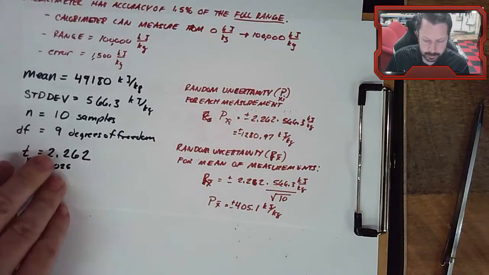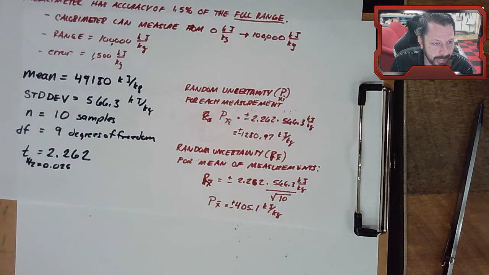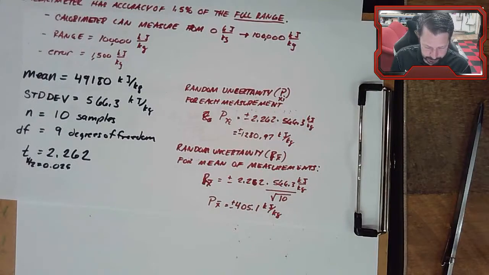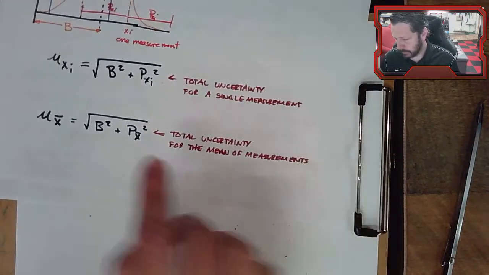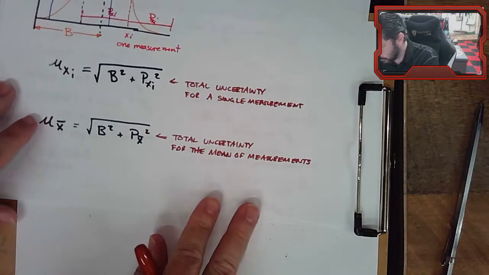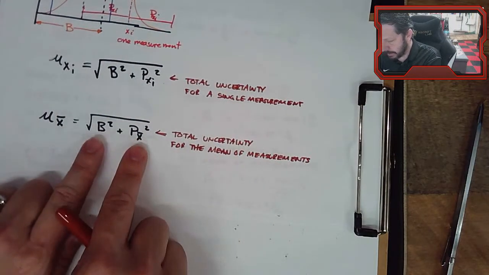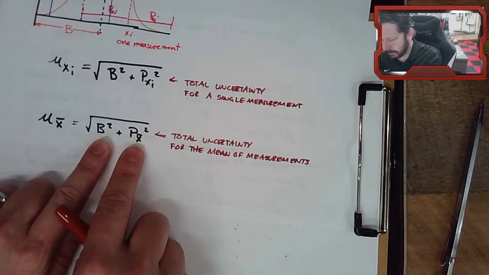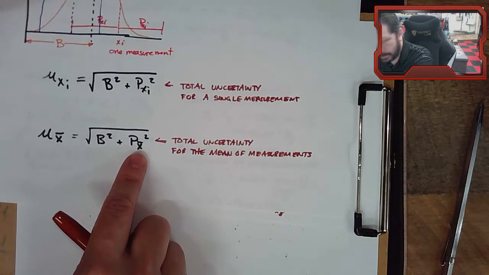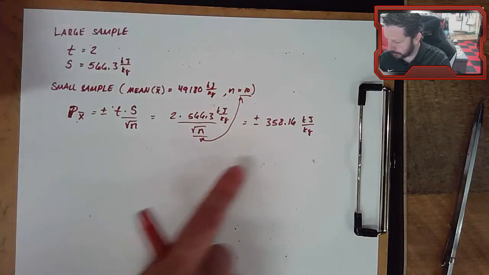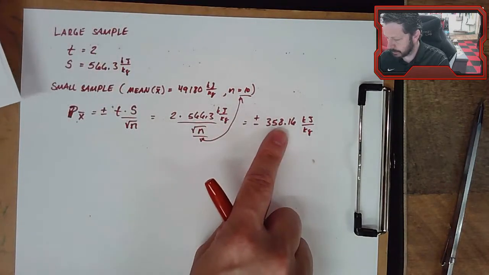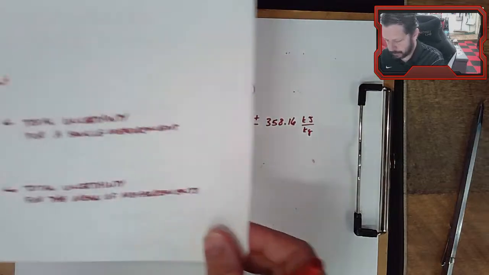All right, let's see, what else did it want us to know? Estimate the total uncertainty of the mean value of the measurement, and then a single measurement. All right, so the mean value, the total uncertainty, we wrote that down. That's these guys. So the total uncertainty for the mean is we take B and we take the uncertainty for the mean. Now this one doesn't specifically say which of these, is it based on this sample after I've done a large sample, or is it just on this one?